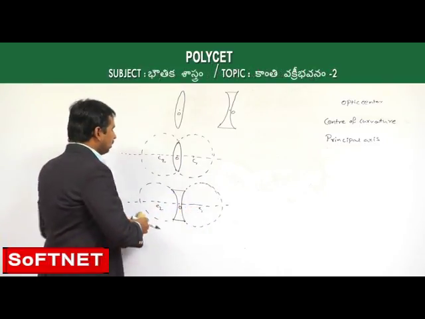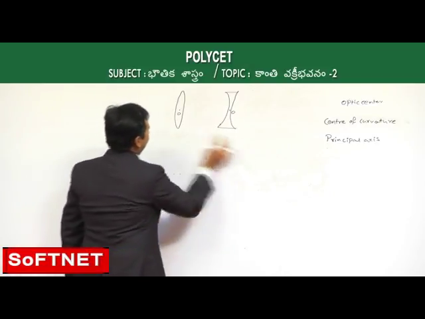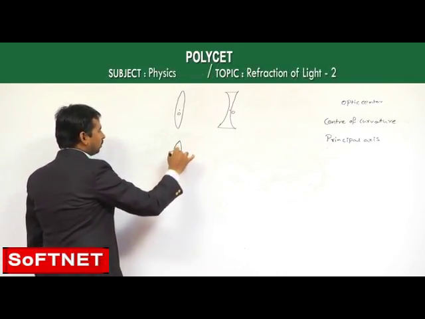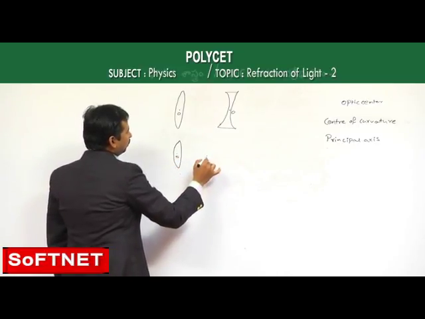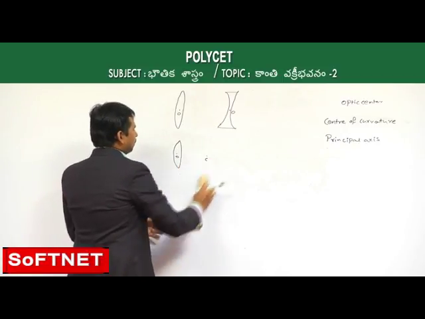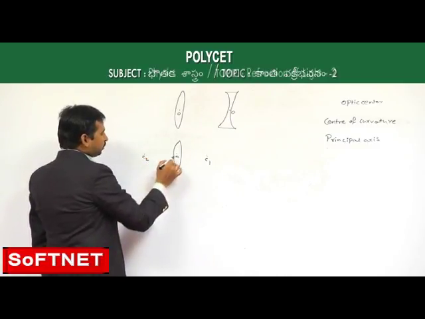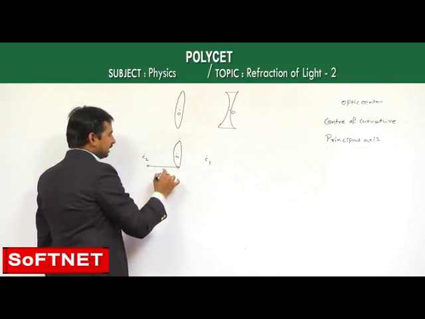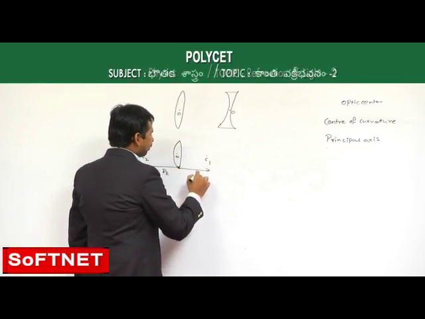Now we will see the distances, the next important one. When you take a convex or a concave lens, the distance from the optic center to the center of curvature, let us suppose this is C1 and this side is C2, we call the radius of curvature.